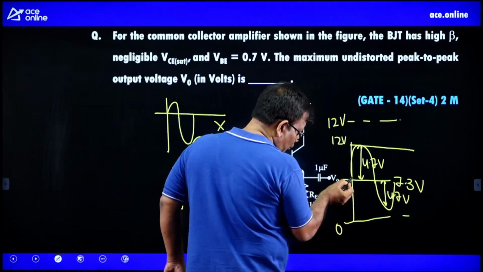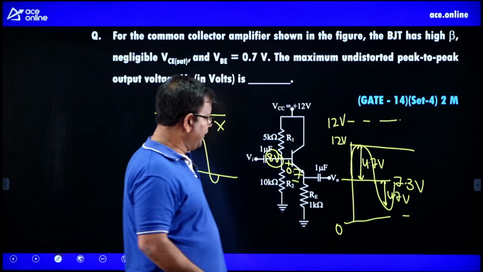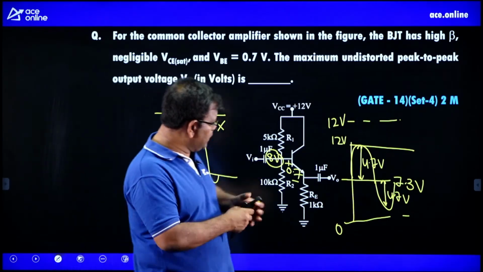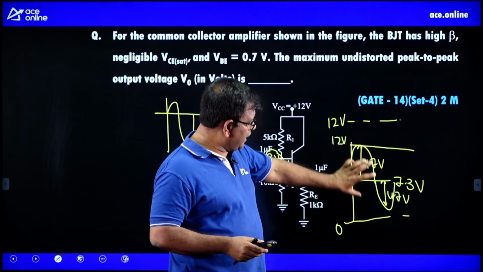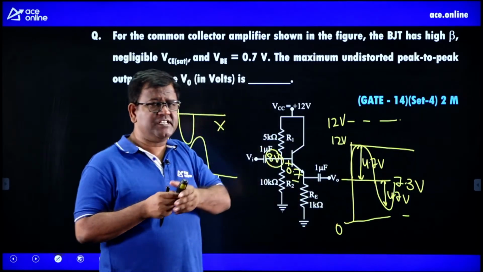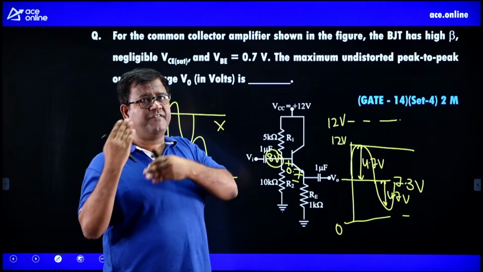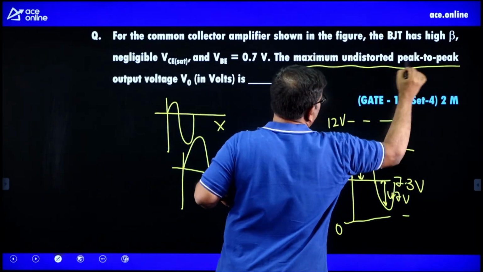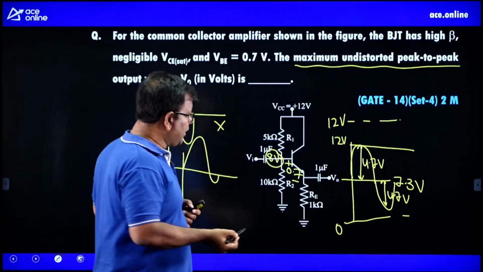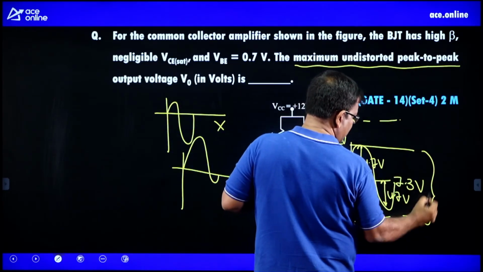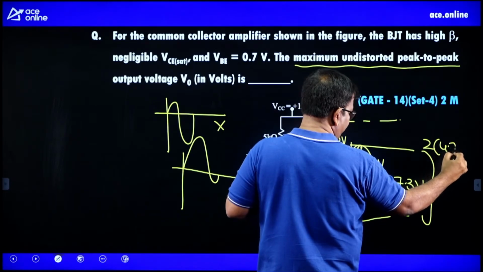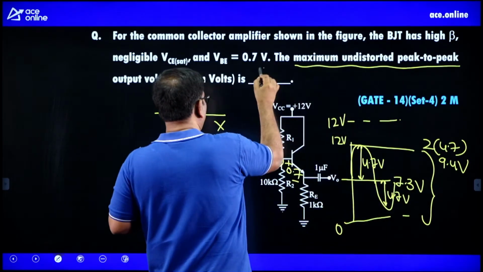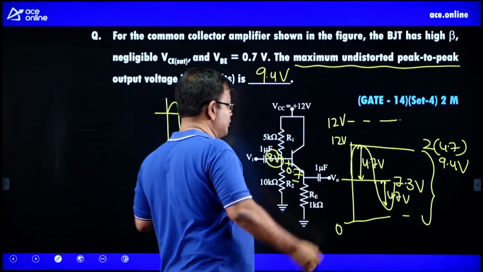But the negative portion can go till 7.3, but then we don't want a sine wave like this. So the logic says the positive portion has 4.7 and the negative has 4.7. So 4.7 plus 4.7, because he wants the peak to peak value. So it is 2 times of 4.7, it is 9.4 volt. So 9.4 is the solution to this problem.